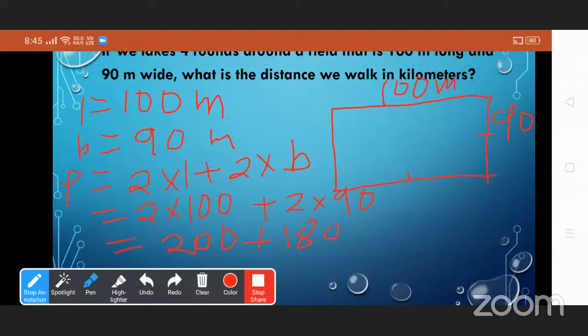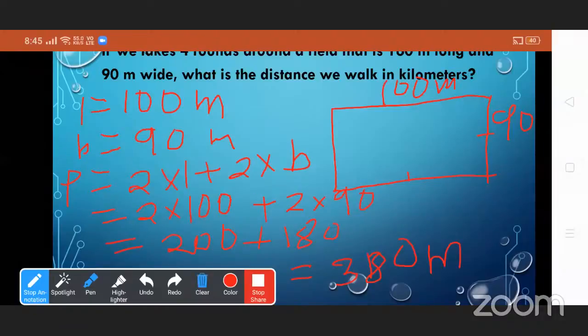180. 200 plus 180 is 380 meter. Okay, this is the perimeter of the given rectangular park.